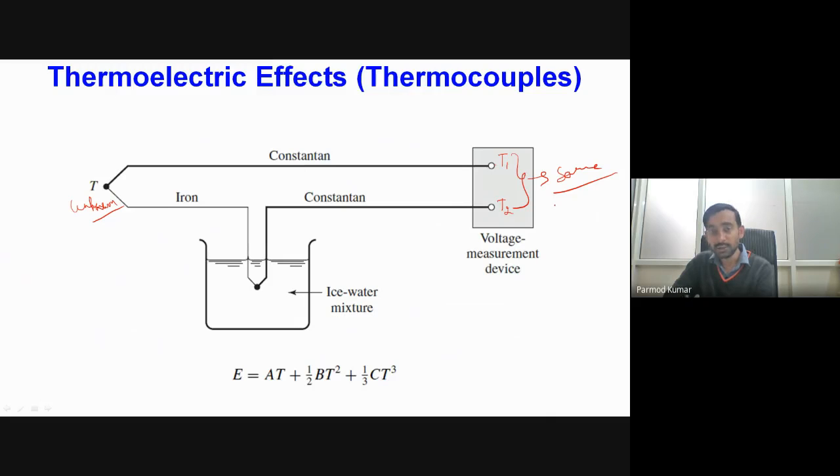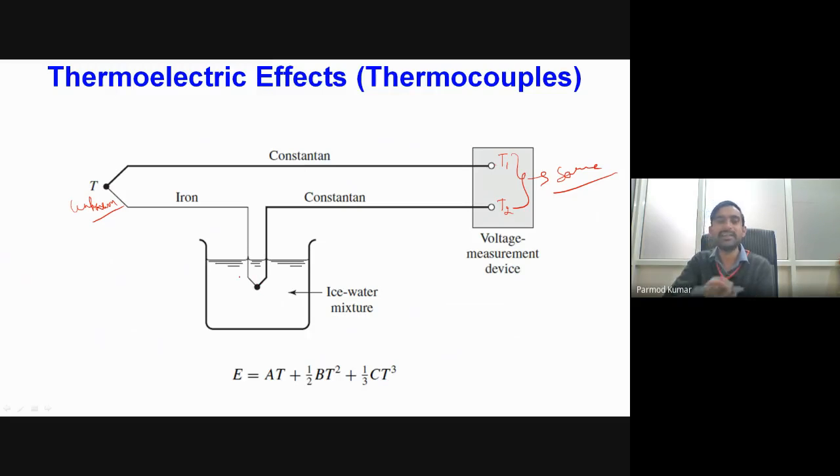This reference temperature is very important, because if it is not maintained constant and is changing, we will have some axial conduction of heat, and that will change the temperature at this particular junction also.